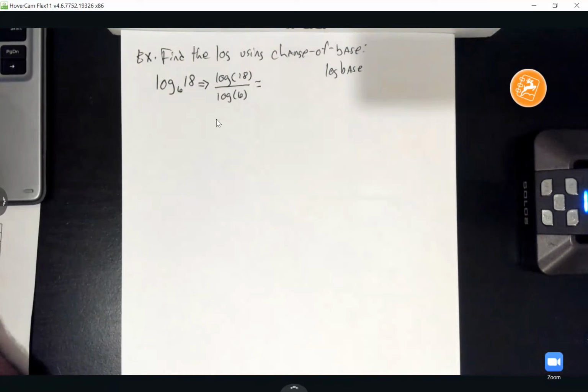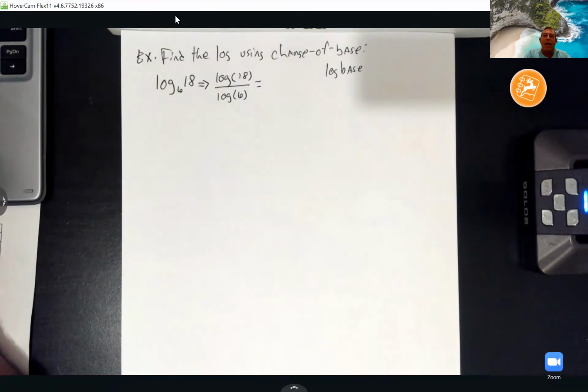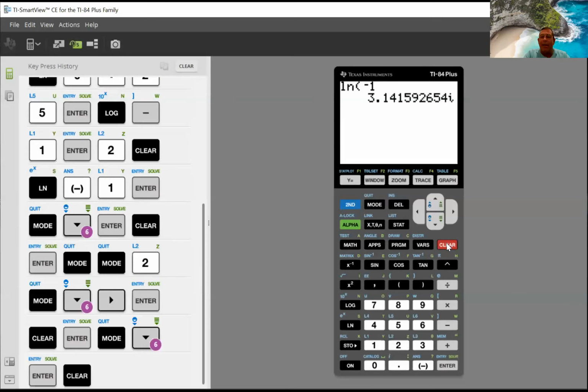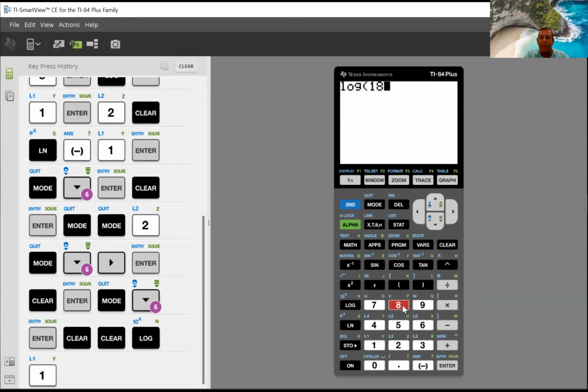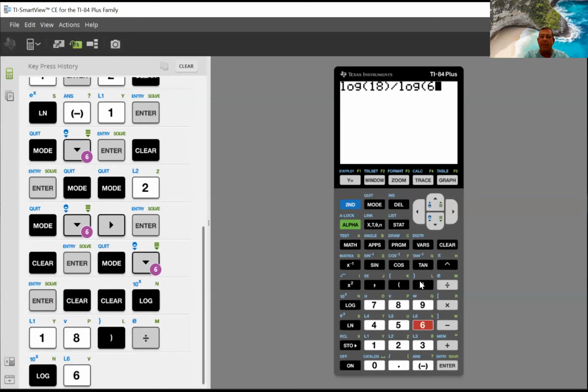So using change of base, and I'll do it both ways to show y'all. So change of base, I would do log of 18, close parentheses, divided by my log of my 6.